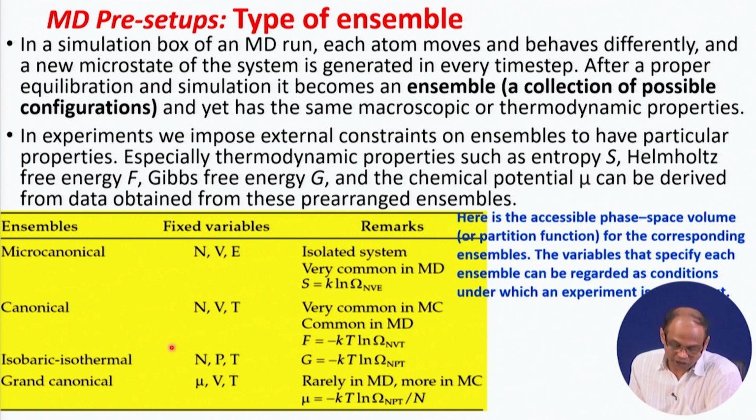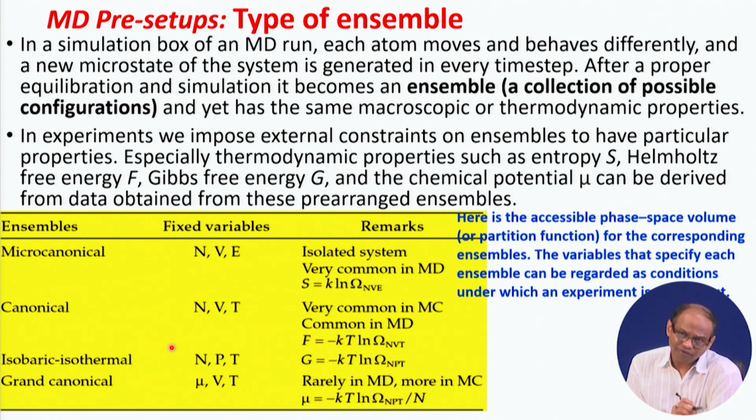Okay, so in experiment we impose external constraints on the ensemble to have particular properties. Thermodynamic properties such as entropy, Helmholtz free energy, Gibbs free energy, and chemical potential can be derived from data obtained from this prearranged ensemble. So in order to get a particular property, we need to use its corresponding ensemble.